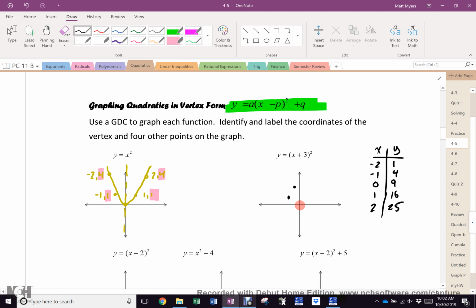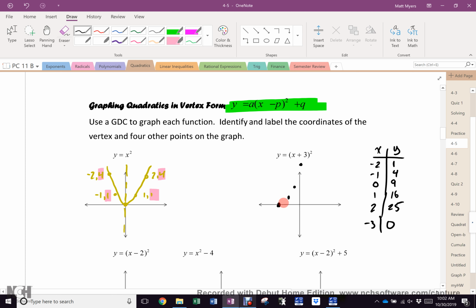And then when I go to 0, my y value is up to 9, isn't it? Well, what's going to keep happening? Keep going up. So do I have a left side of the parabola? No, so I better check it. So -2, what is the next logical number to check in the negatives? -3. What's -3 plus 3? What's 0 squared? There's my vertex.